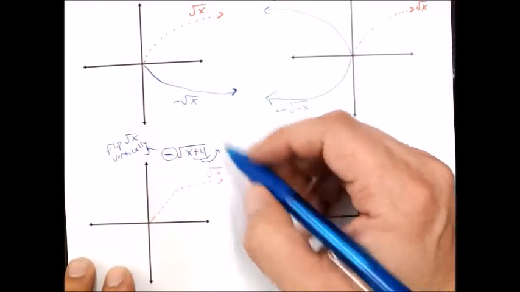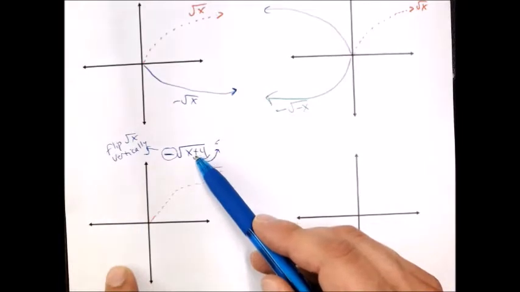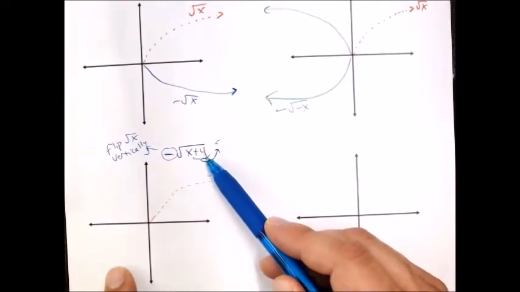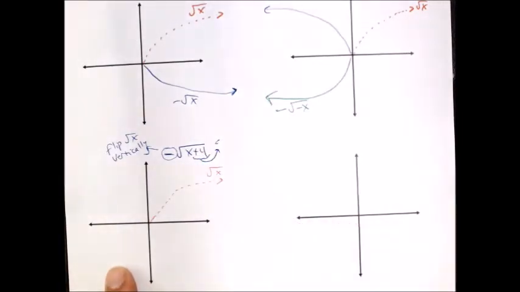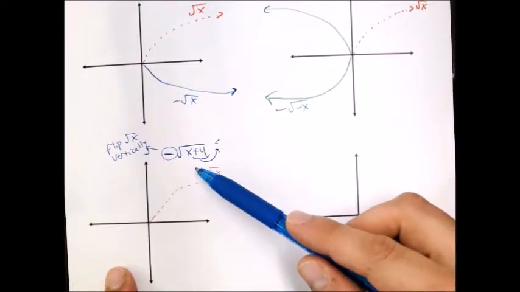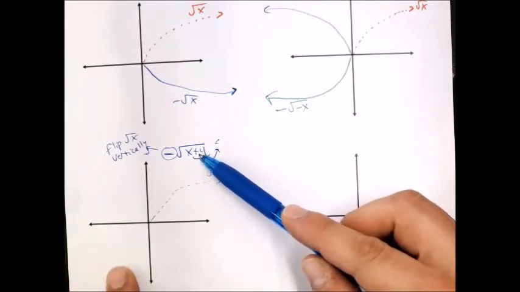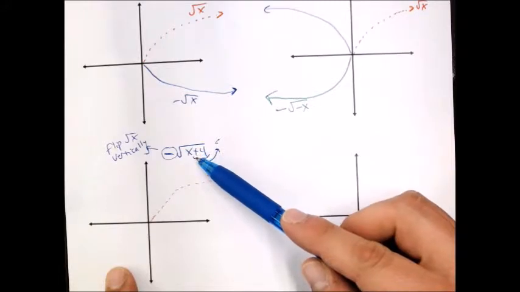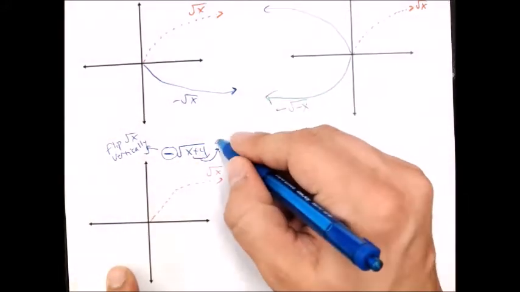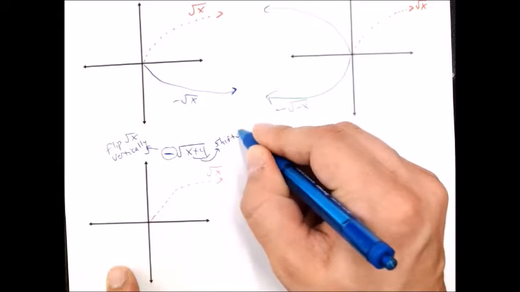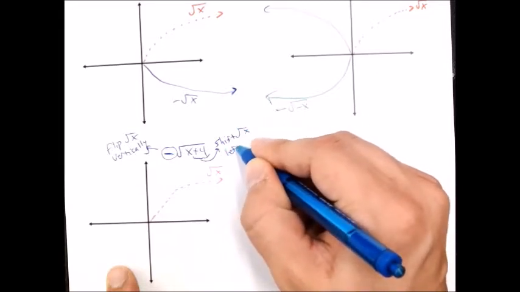If the plus 4 was outside the square root, it would move it up. Instead, it moves to the left, because it's inside the square root. That's an important distinction. Because it's inside, it's going to shift square root to the left 4.